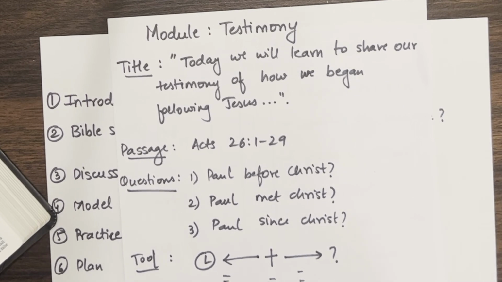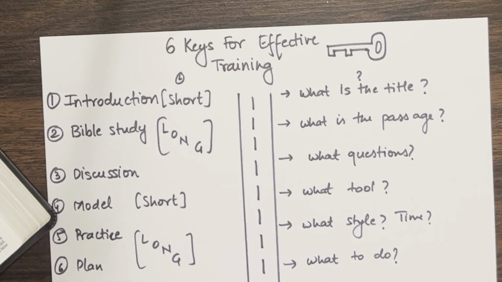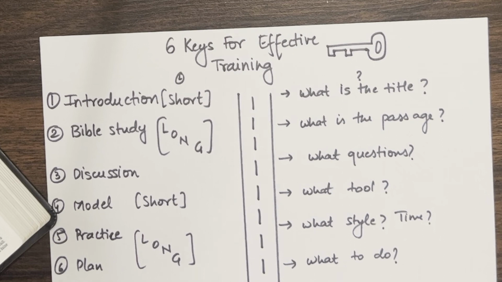So if you think of these 6 effective keys of training, we think about a highway. In order to get down the highway toward our destination, which is hopefully more leaders being raised to reproduce the Great Commission, to reproduce disciples, to reproduce churches, to impact lostness.